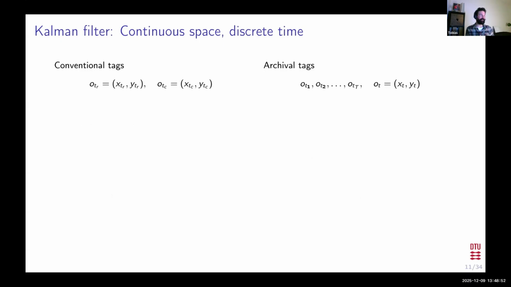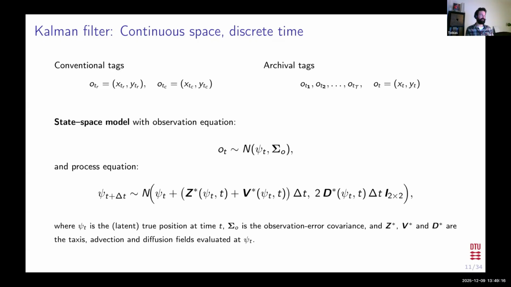approximation with the Kalman filter, which now uses continuous space but discretizes time. And if we call back into memory the conventional tags and archival tags, we can interpret conventional tags similar to archival tags, only assuming that all these intermediate steps are unknown, so are latent positions, and we can then define a state-space model with an observation equation.